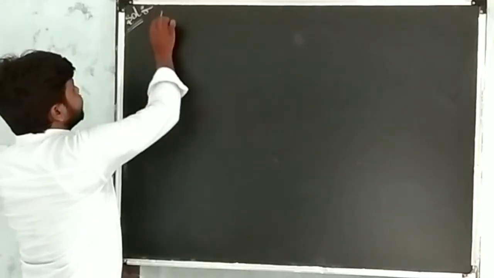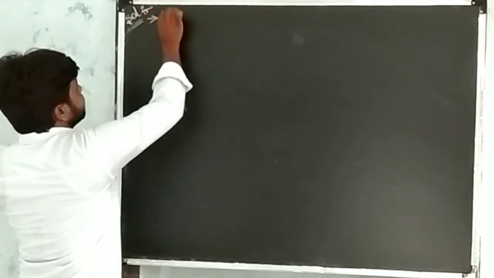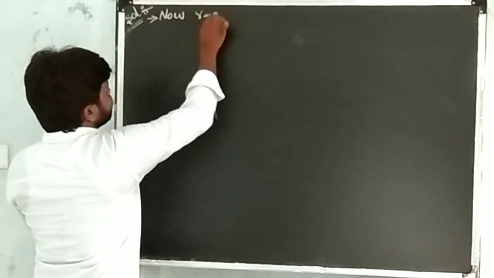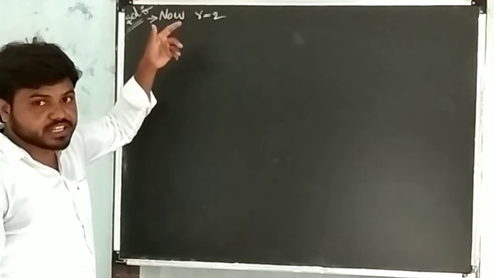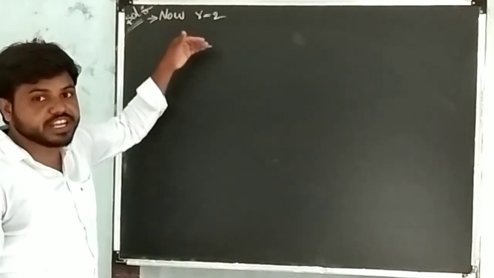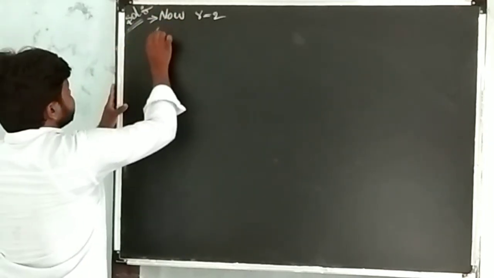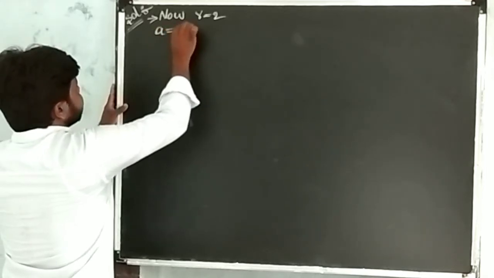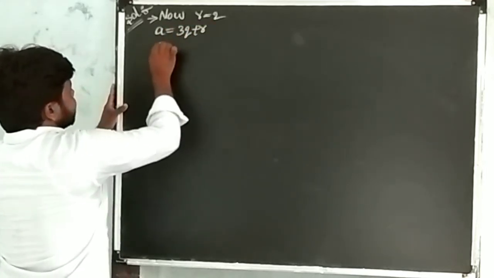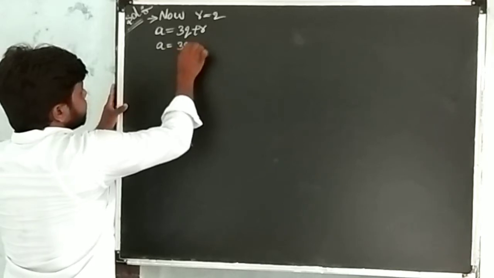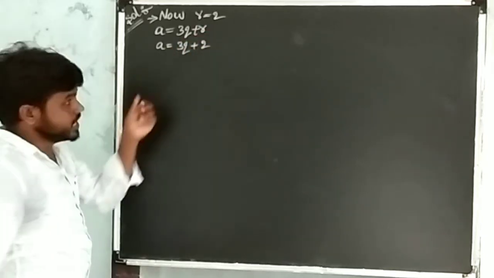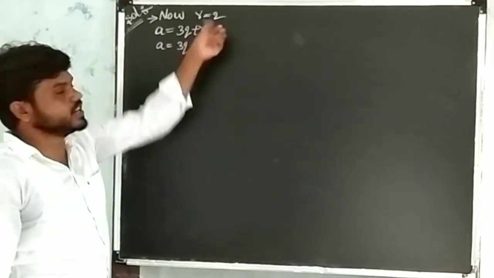Now take remainder 2. Remainder equals 2. Substitute this remainder in the form A equals 3Q plus R. A equals 3Q plus the remainder, which is 2.